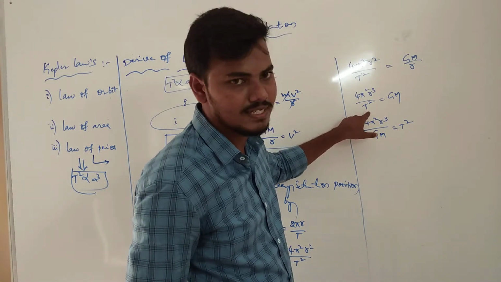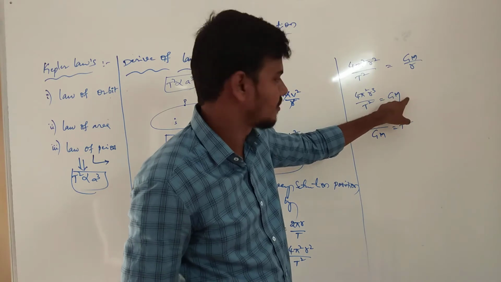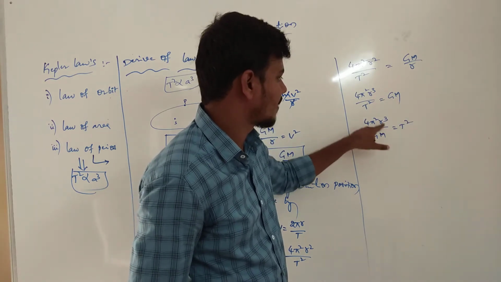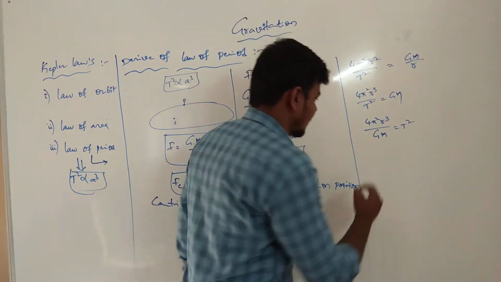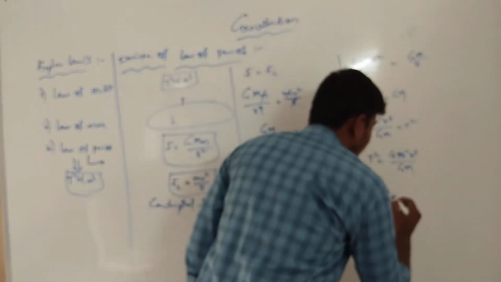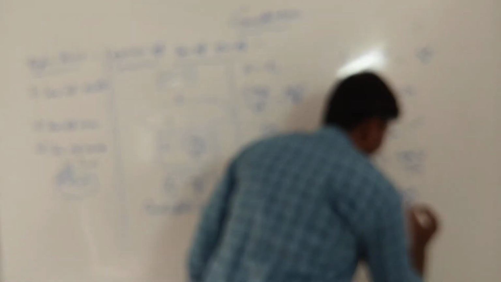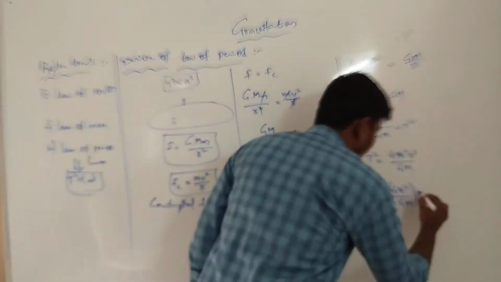The T square factor, being the denominator, goes to the right side. Now T square is equal to 4 pi square r cube by GM. The same equation can be written as T square is equal to 4 pi square by GM into r cube.